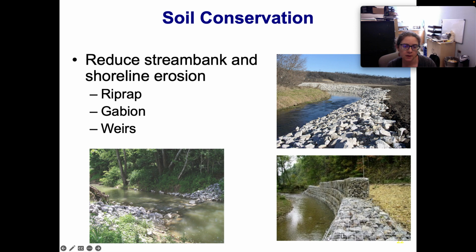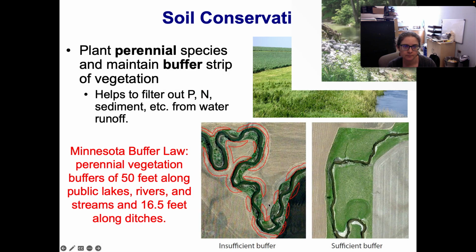This is a weir where they've stabilized a certain area to constrict the flow and make different ways for the water to flow, which reduces erosion at high flow. And this is gabion, which is basically like riprap, but restrained in metal cages.